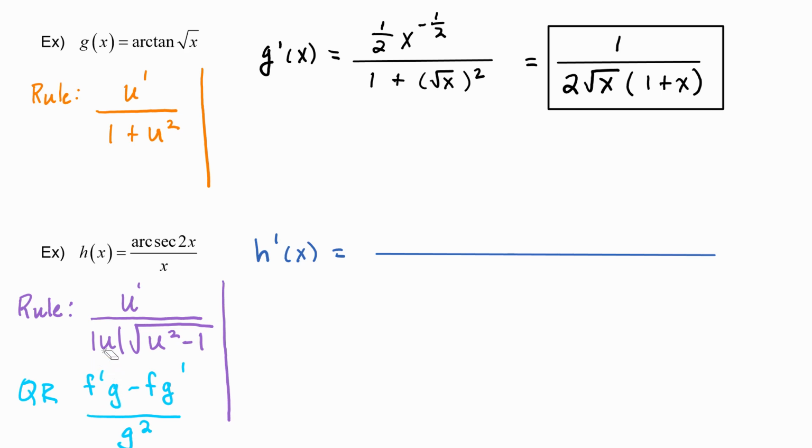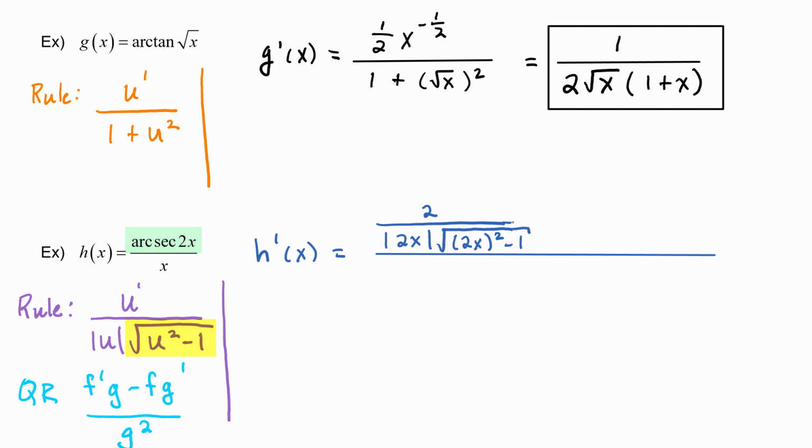So the derivative of the top is derivative of arcsecant of 2x. So we'll be using this rule here. So u prime is 2 over absolute value of u is absolute value of 2x, and then square root of u squared minus 1 will be square root of 2x squared minus 1.